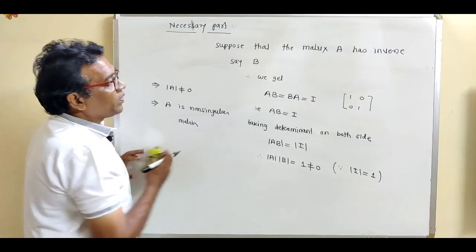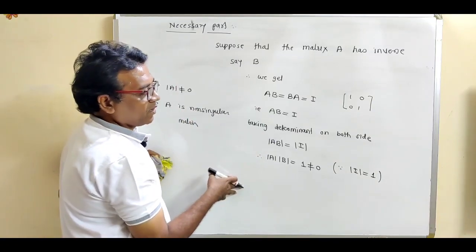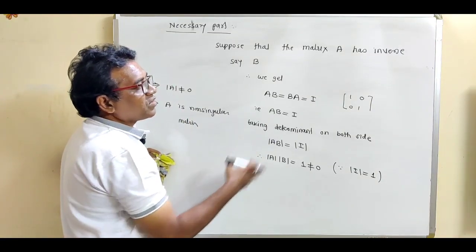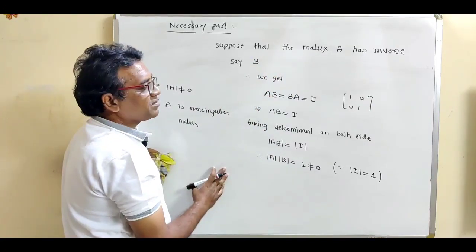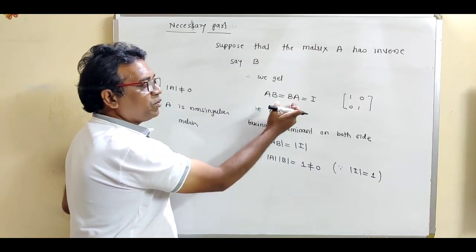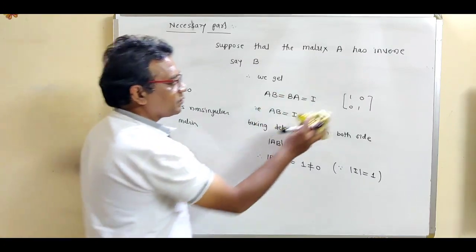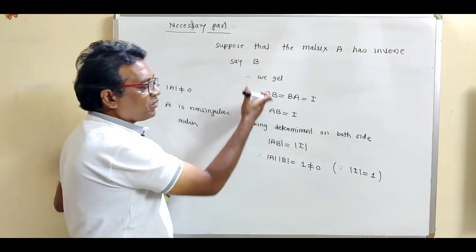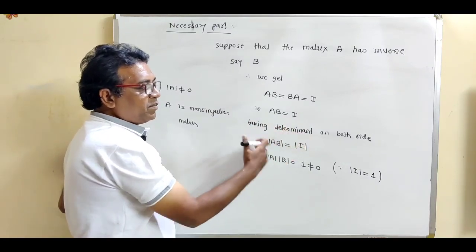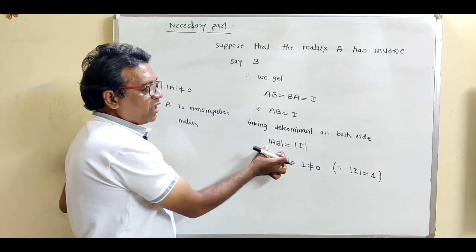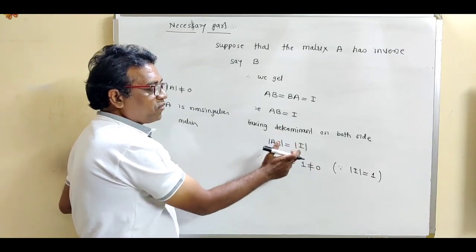So what is the proof? We have shown that, this total proof. Suppose that the matrix A has inverse B. So what is the definition of inverse? The product AB is equal to BA is equal to identity matrix. So just consider one term, AB is equal to R. What is the next step? Taking determinant on both sides. So determinant of AB is equal to, what is determinant of unit matrix?